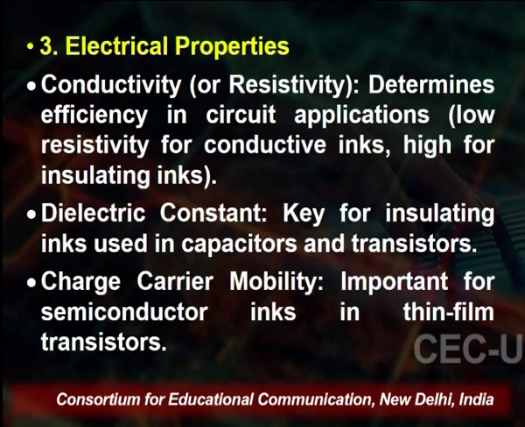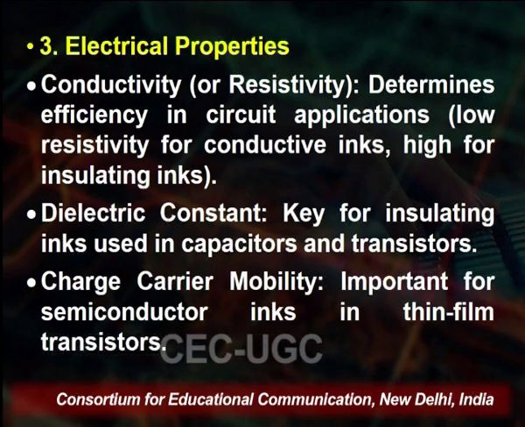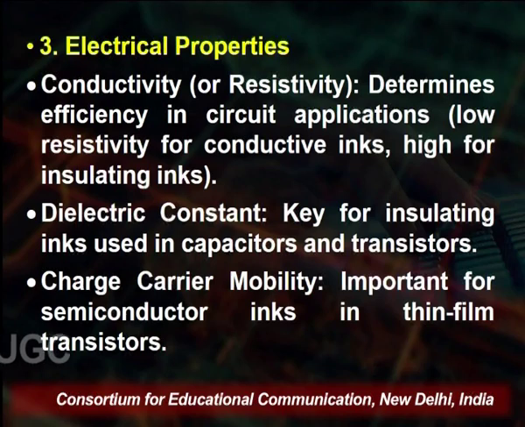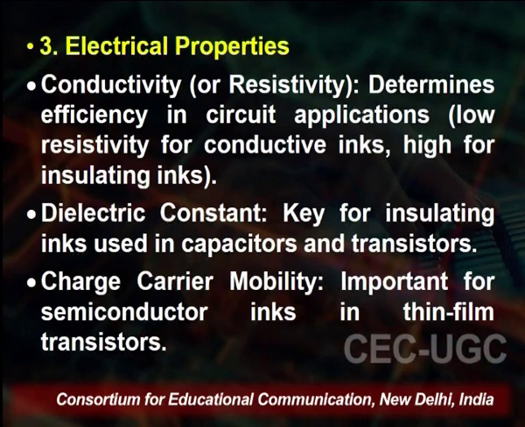So, we keep in mind the conductivity or the resistivity. Low resistivity we use for the conductive ink and high resistivity for the insulating ink. So, these are the efficiency in the circuit application. So, resistivity we are taking, and if we talk about the conductivity, it will be the opposite in that sense.